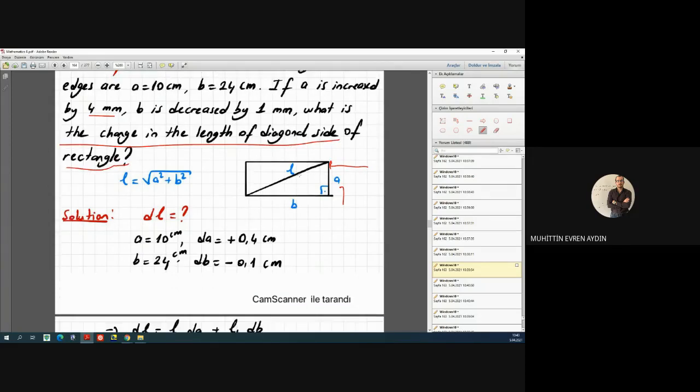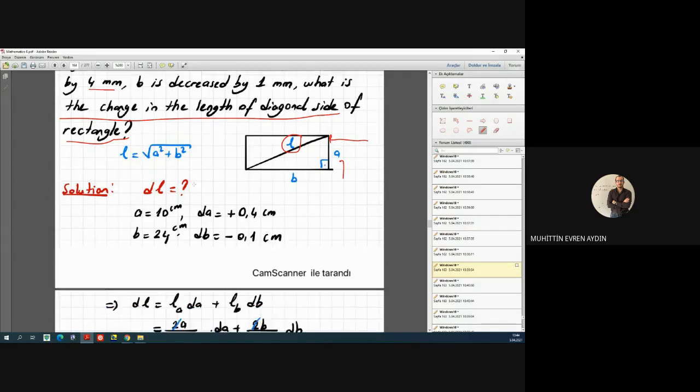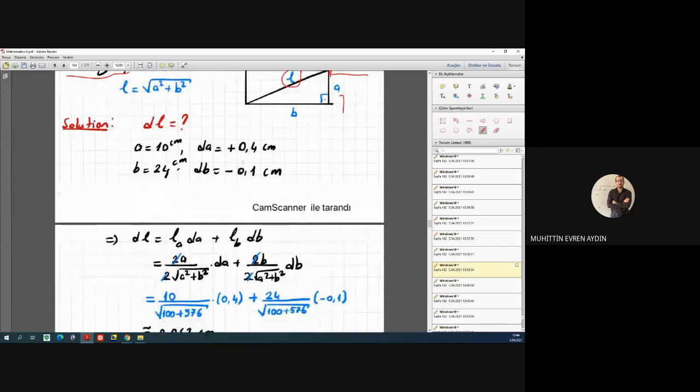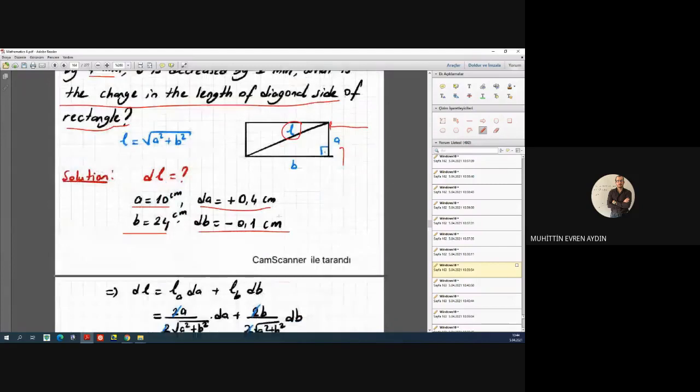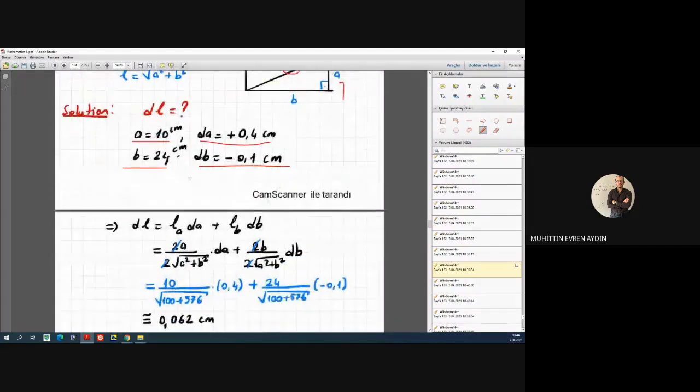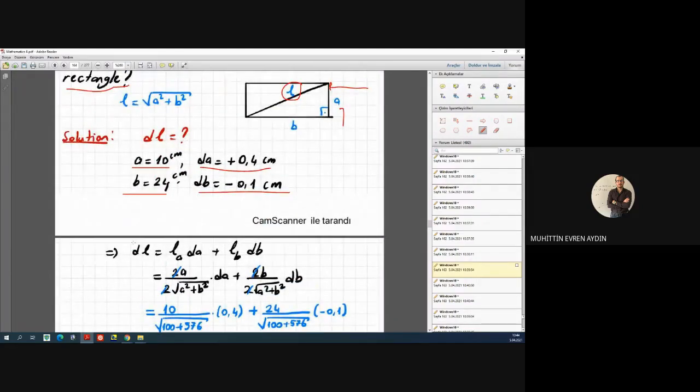Okay, the diagonal side of this rectangle is, let's say, L. The L is equal to the square root of a square plus b square. Okay, we have these equalities because of the hypothesis of the question, and this is the formula of total differential.